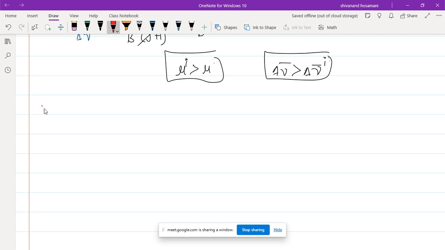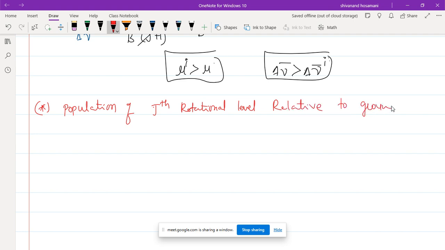The population of the jth rotational level relative to the ground level is given by n of j, the number of population of electrons or transitions, divided by n naught, ground.